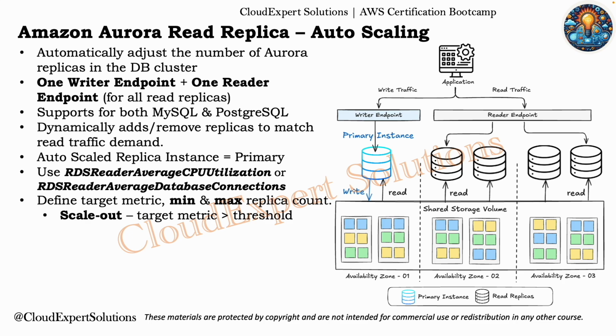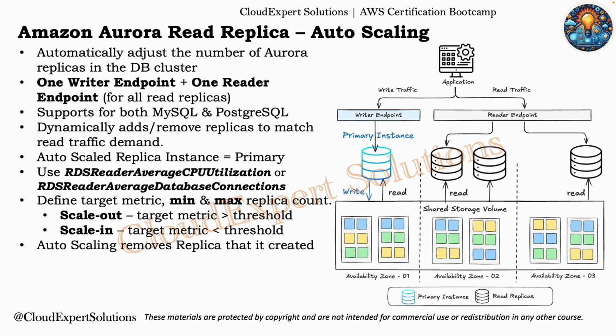Conversely, when traffic decreases and the metric falls below your threshold, Aurora will automatically scale in by terminating the unneeded replicas. Aurora Auto Scaling only removes Aurora replicas that it created, not the replicas that you create or add manually or using any infrastructure as code script.